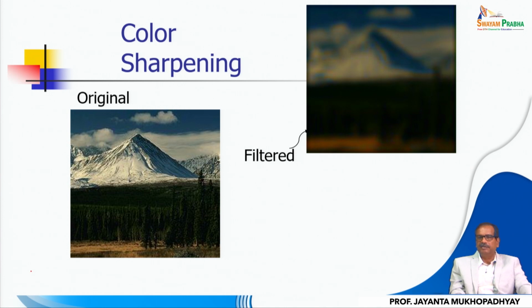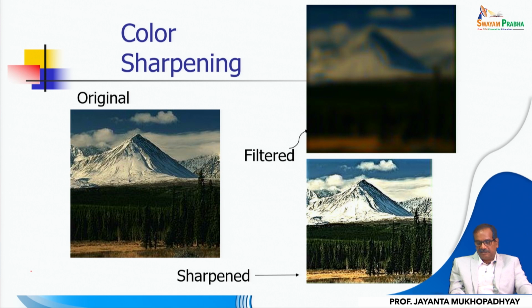So, I will sharpen the luminance component and then use the chrominance components. If I just filter the luminance component and retain all the chrominance components and represent in the form of color, this is how the filtered image looks. Apply the sharpening operations on those density blocks, and this is one of the examples of how the sharpened image will look.